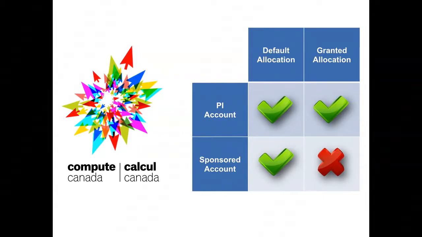This is just a pool of resources that are available to all researchers, regardless of whether they have special permission to use large quantities of resources. So if you're an undergraduate student or a graduate student and you have an account with us, you'll have access to the things I'm talking about today. The only difference between the PI accounts and the sponsored accounts is that PIs are able to apply for much larger amounts of resources, and sponsored accounts need a PI to sponsor them, hence the term sponsored account.